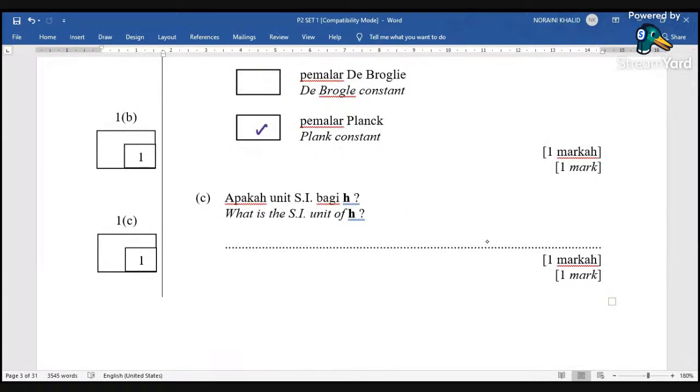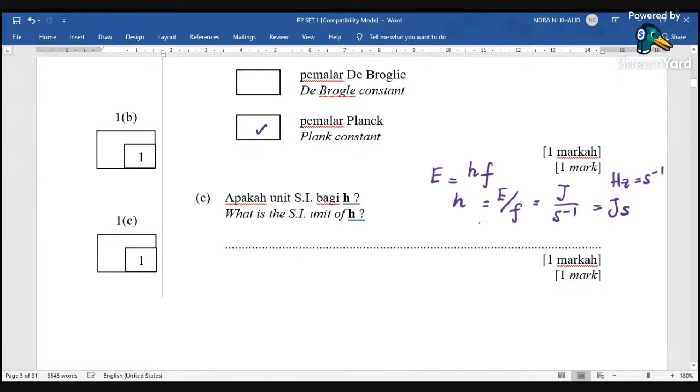What is SI unit for H? If you refer to the formula given, E equals to HF. Okay, so H is equals to E divided by F. E is joule, frequency is hertz or second negative 1. Thus we get joule second. Okay, so that one will become the SI unit, or you want to write in this form.